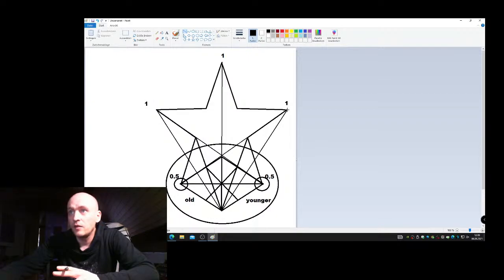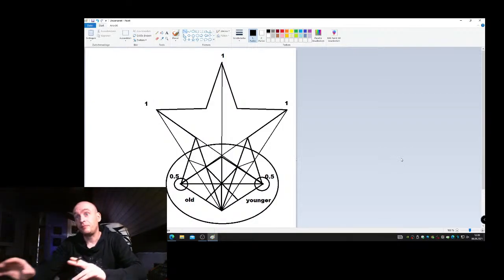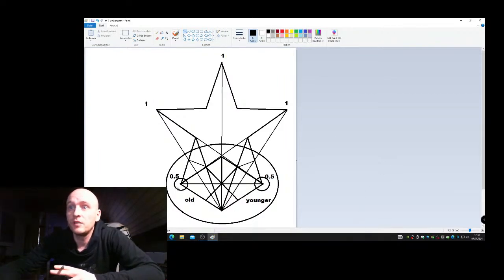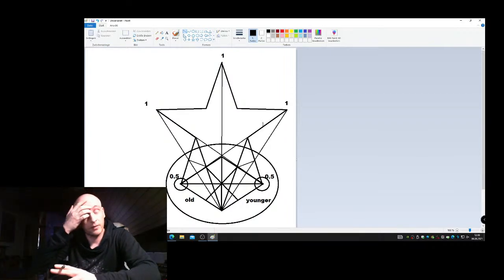So when this point is moving from here to here, this one, let's make a halo. So this is really interesting about magic and mathematics.